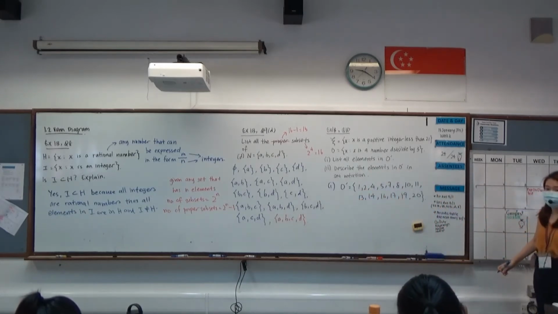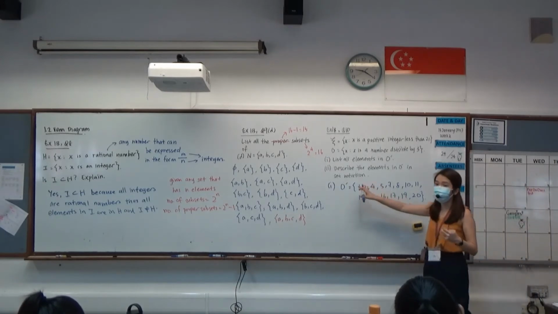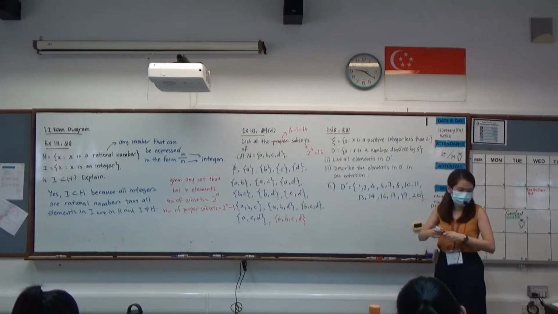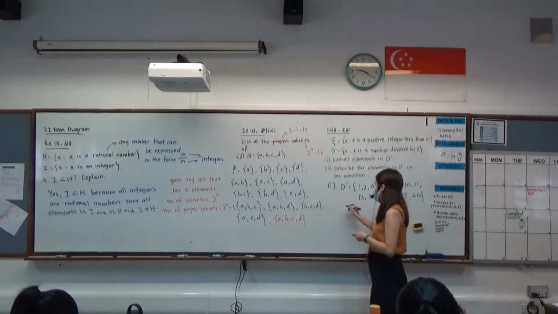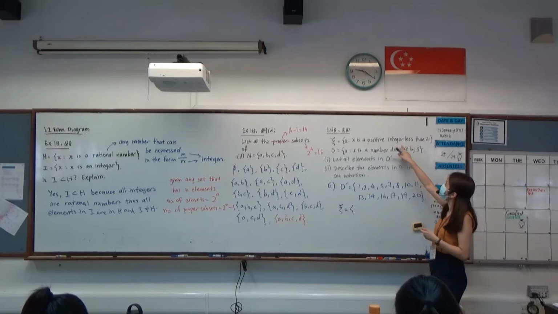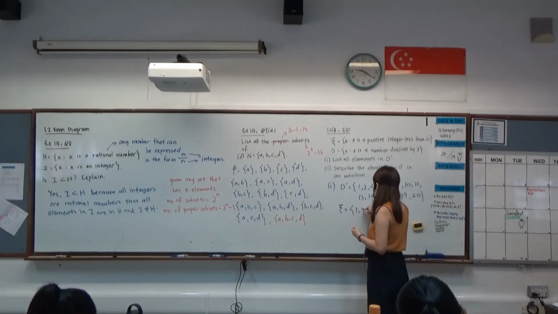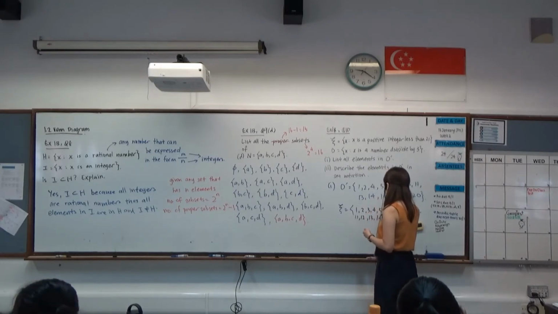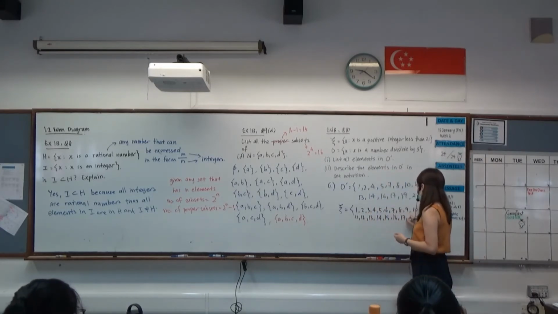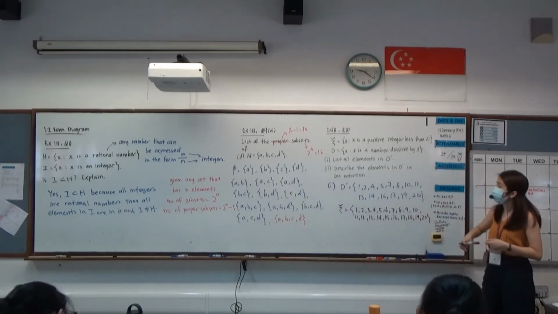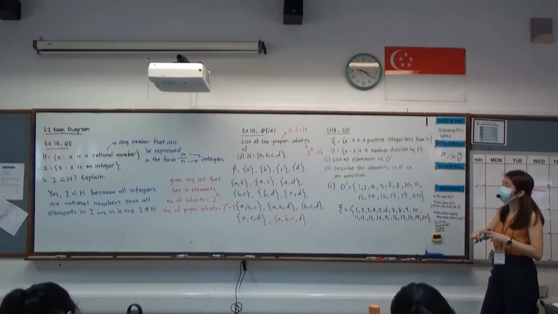Alright. It may not be easy to actually list out all the elements in O complement directly. So what you may want to do first, which is usually my habit as well, is to list out all the elements in the universal set first, from 1 all the way to 20. Then for the set O itself, you have numbers divisible by 3.